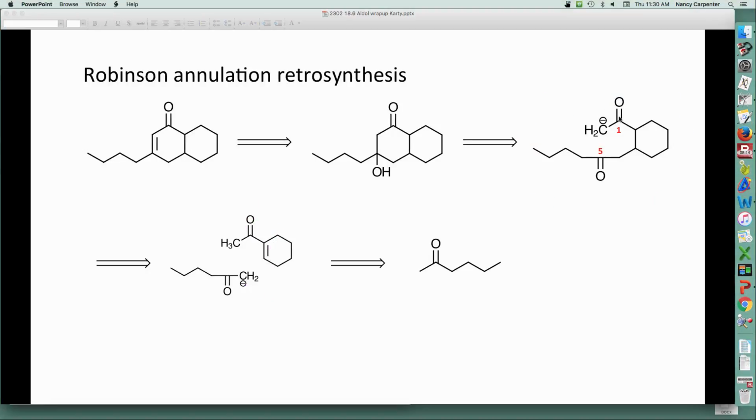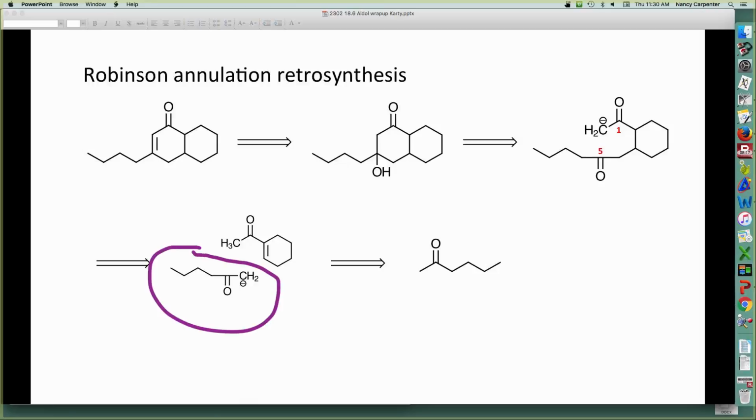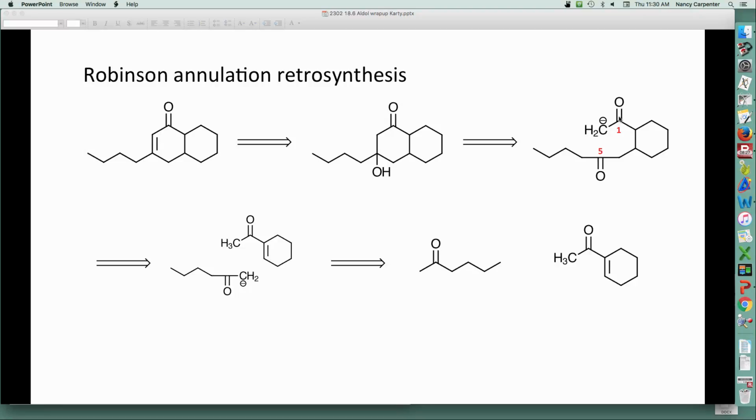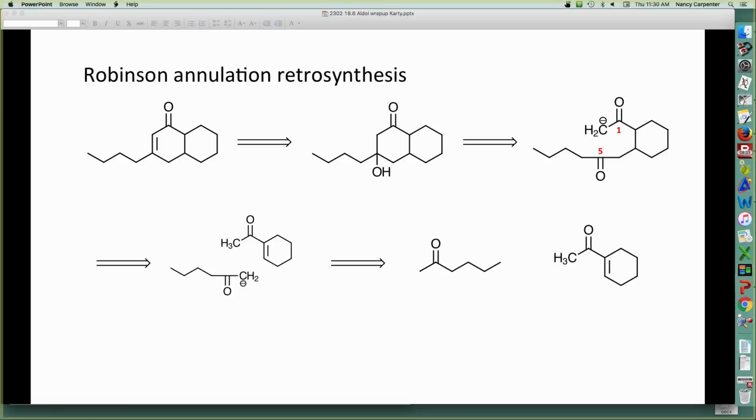And then, of course, where do these pieces come from? Where does this come from? And where does this come from? Well, obviously the enolate for that ketone comes from the ketone. And the other piece, well, that's your starting material. But it's sure worth looking at the fact that that's an alpha beta unsaturated carbonyl.